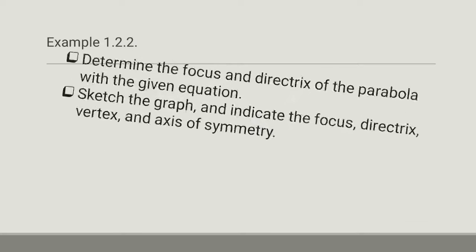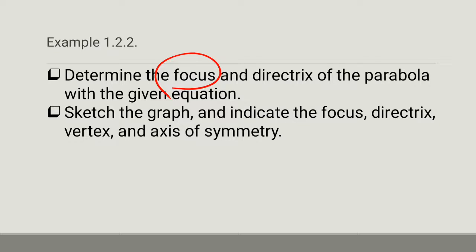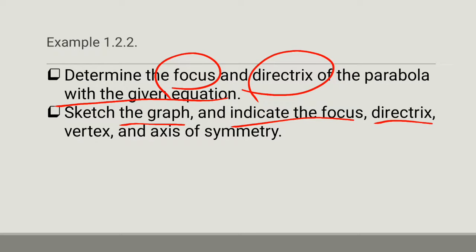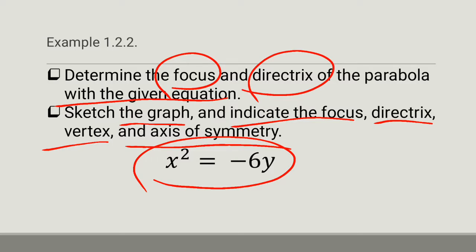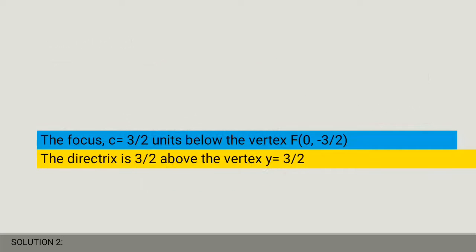So, for our problem number 2, determine the focus, directrix of the parabola with the given equation. Sketch the graph, indicate the focus, directrix, vertex, and axis of the symmetry of x squared is equivalent to negative 6y. So our given is x squared equal to negative 6y.